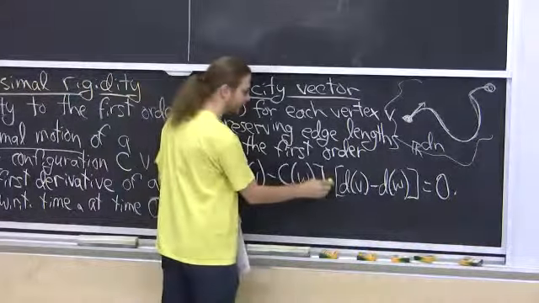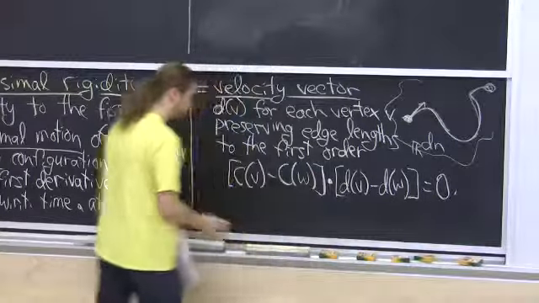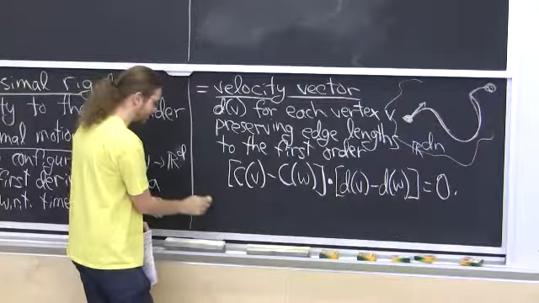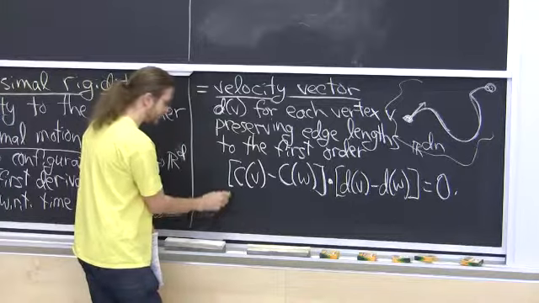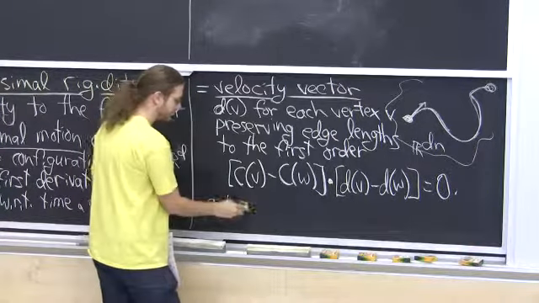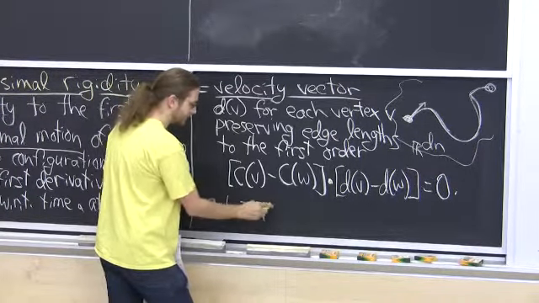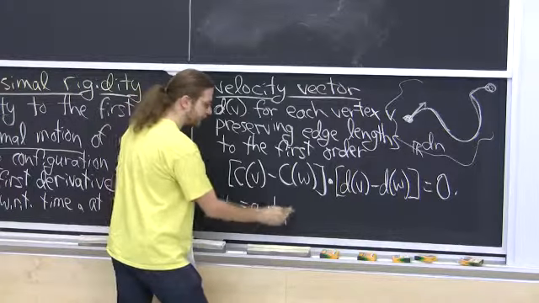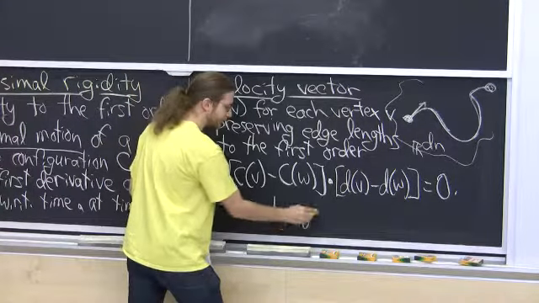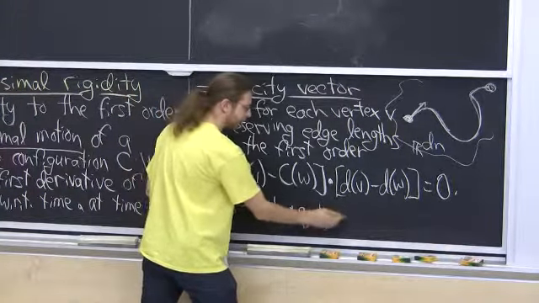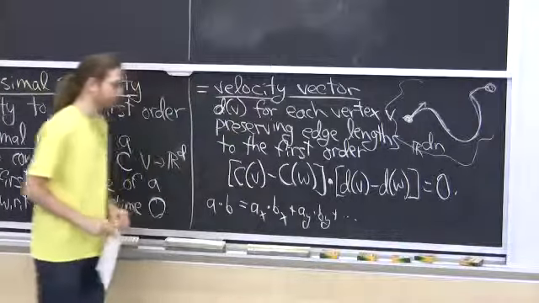This is a dot product between two vectors. If you have two vectors, I don't know, A and B, you take their dot product. You take the x coordinates, you multiply them together. You take the y coordinates, you multiply them together, and so on. Add them up.